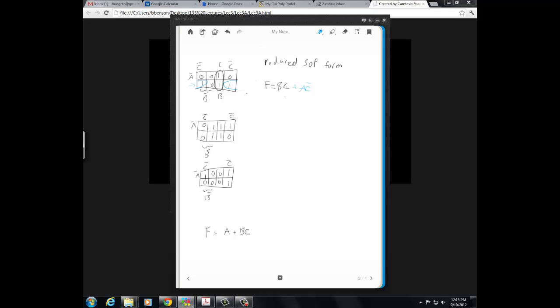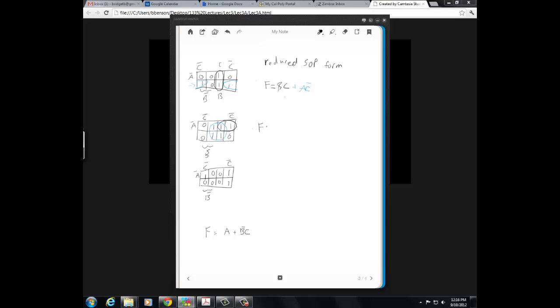Alright, so let's look at this next one. What groupings can we do? Well, the largest grouping is a grouping of 4, which are these 4 right here. Oops, sorry about that. Can we undo? Oh, nice. And then our other grouping to cover that last one, we can group with this too, and now we've covered all ones.